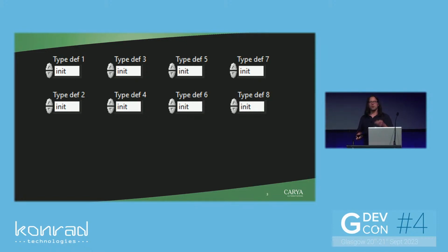You can find all instances of the type def, but you get all of them. And you can search for init, but a lot of stuff might be called init. Usually if you go functional global, you have a lot of functional globals, and all of them might have an init, and you'll find all inits.